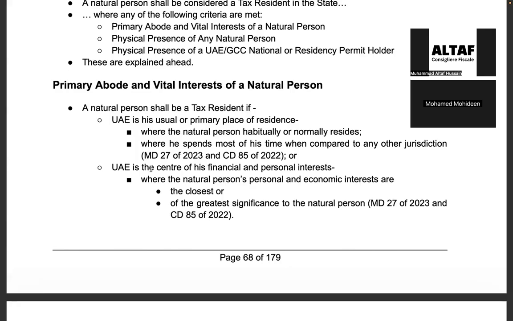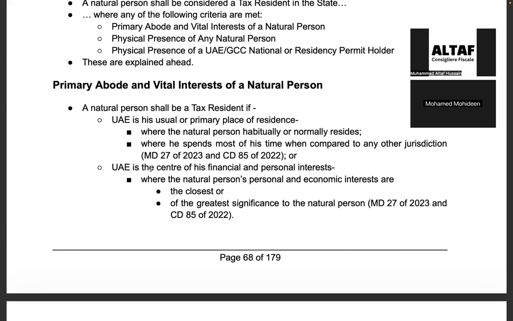Now, if let's say the guy did not want the tax to arise in Pakistan at all, and he claimed that actually I am a tax resident of UAE, then that will become a question mark. If this person is not our tax resident, then how do we deal with his income?